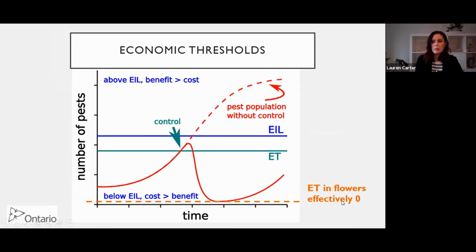But obviously when we're dealing with flowers that are grown for their aesthetics, we sort of have to go in with the economic threshold effectively zero. I mean, that's not entirely practical. We all sell plants with some level of pests on them, but that's sort of the headspace we're starting from.